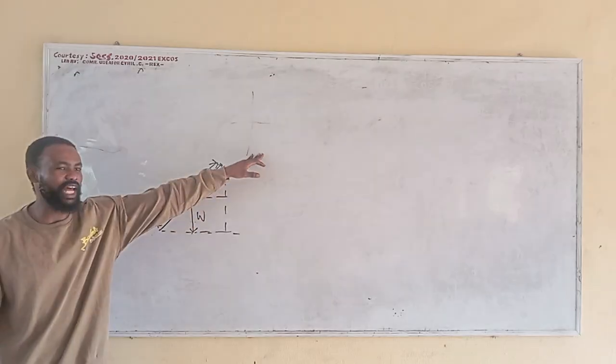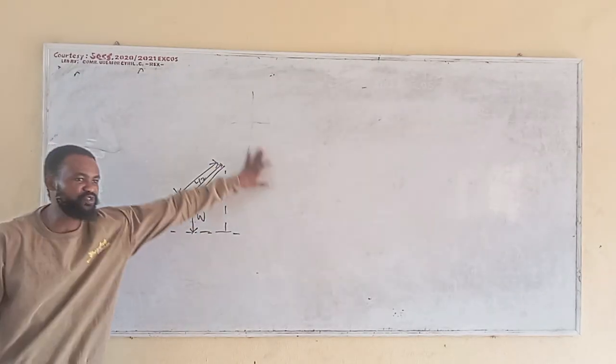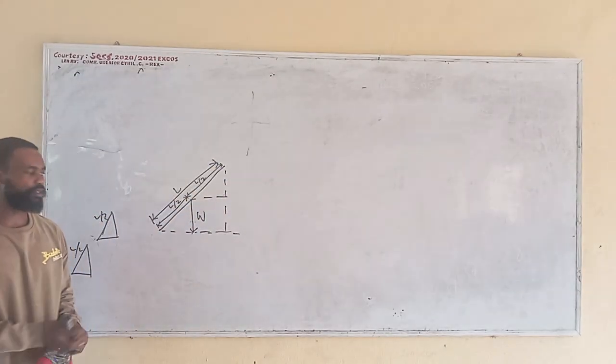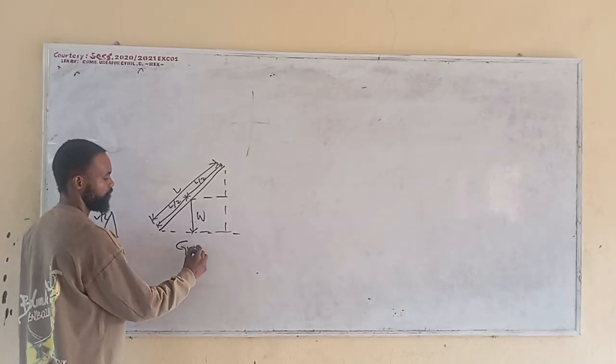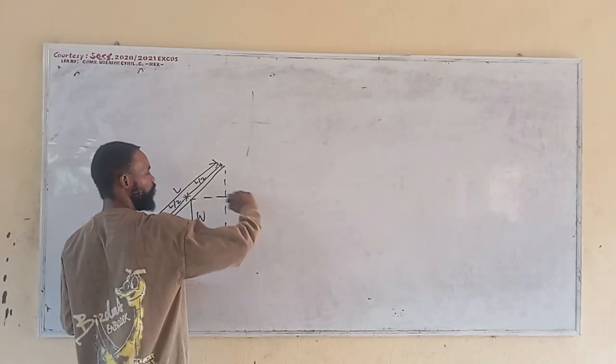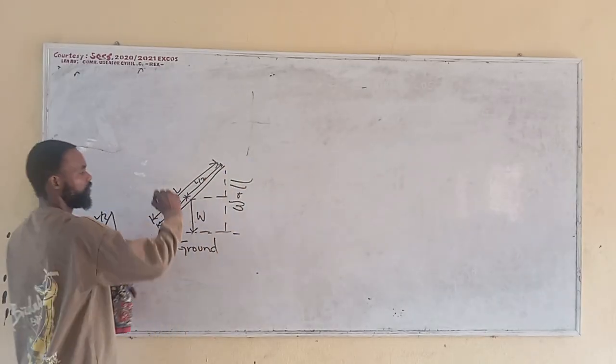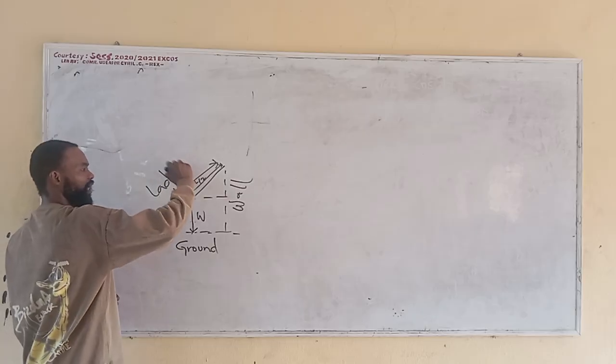Any other thing outside here is for the wall. This is the ground. This is the wall. This is the ladder length.